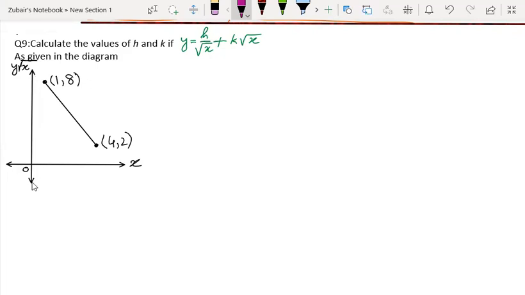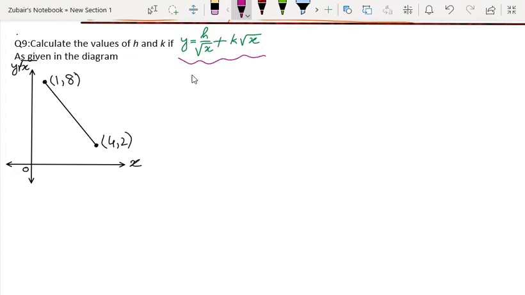So this is clearly mentioned that capital X is x, small x, and capital Y is y under root x.